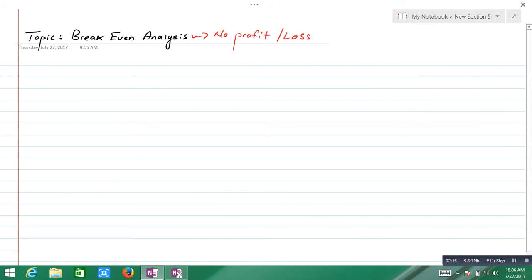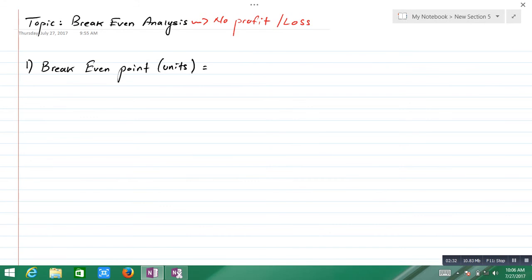Number one, break-even point units: fixed cost divided by contribution per unit.